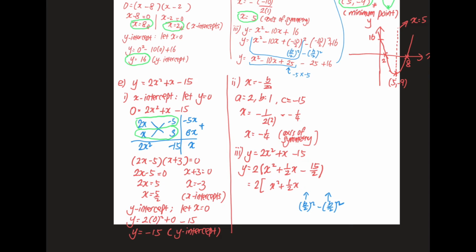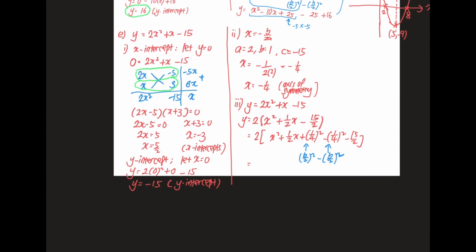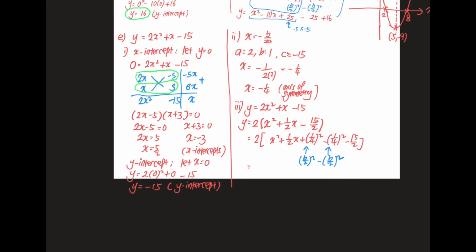Your b is 1 over 2, so 1 over 2 divided by 2 is 1 over 4. So we put 1 over 4 squared, minus 1 over 4 squared, and minus 15 over 2. Let's simplify it first: x squared plus half x plus 1 over 16 minus 1 over 16 minus 15 over 2.